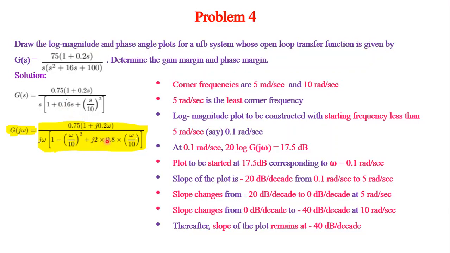If we simplify, 2 into 0.8 is 1.6, and 1.6 by 10 is 0.16. So it is in the form 1 minus u square plus j 2 zeta u, where u is omega by 10, so 10 is your omega n, and omega by omega n is u. Zeta is 0.8 and omega n is 10, so it is in the standard form. Because of that the 100 goes to the numerator and we are getting 0.75.